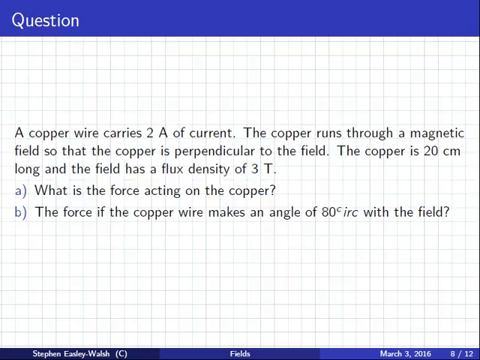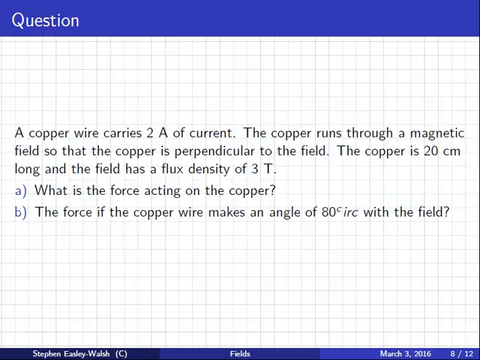No, that should be 80 degrees. Just 80 degrees is it?